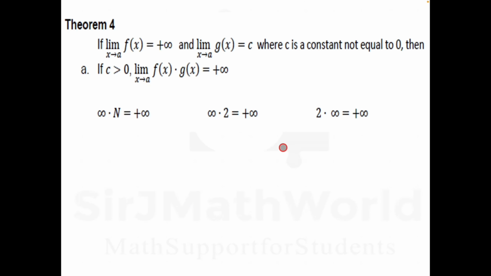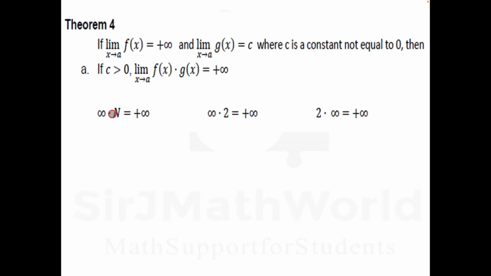Next is number 4. We have here, if your f of x is positive and the g of x is c, so if c is greater than 0, this is multiplication naman. The f of x times g of x is equal to positive infinity.